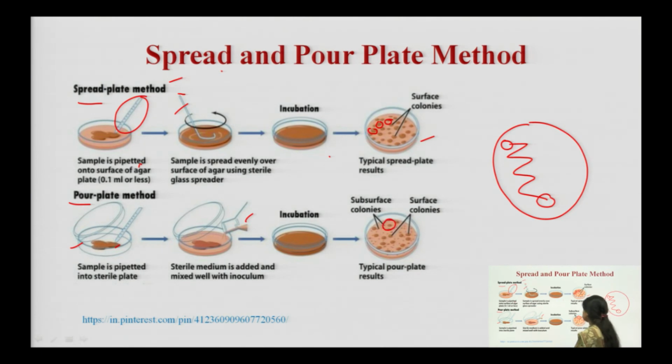Now, the main difference between spread and pour plate is that in spread plate the colonies develop on the surface of the Petri plate, but in case of pour plate, the colonies are generated deep in the culture, not only on the surface.